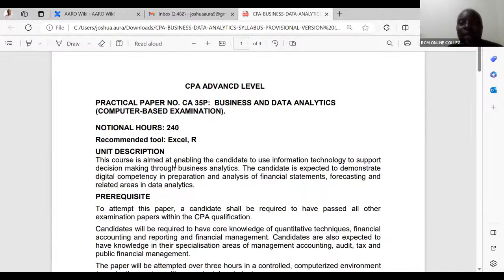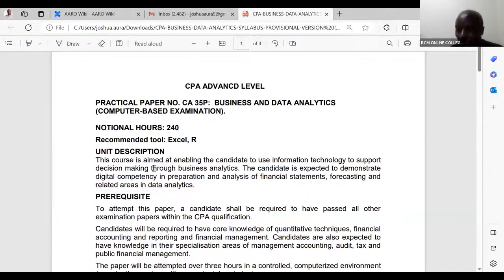This course is aimed at enabling the candidate to use information technology to support decision-making through business analytics.